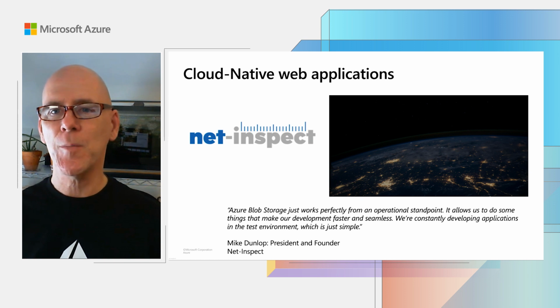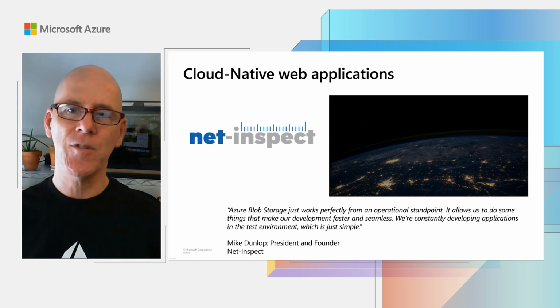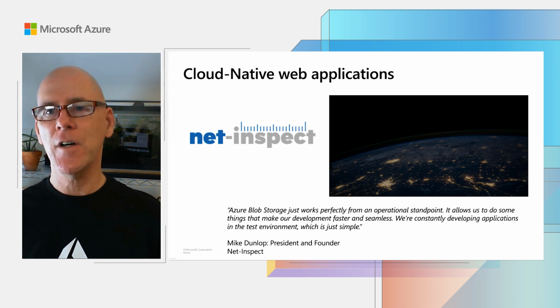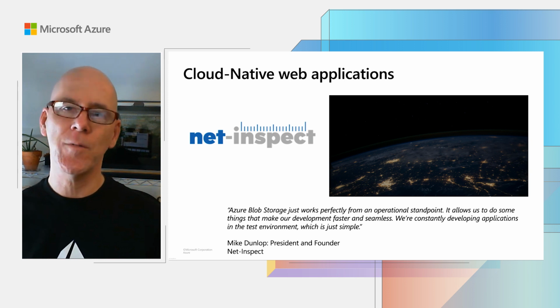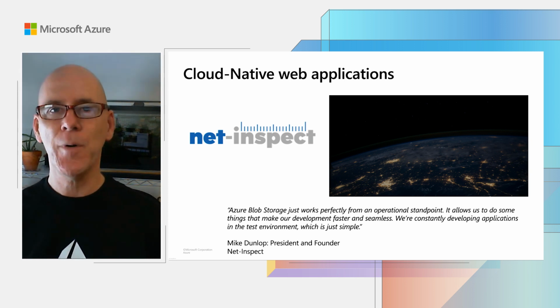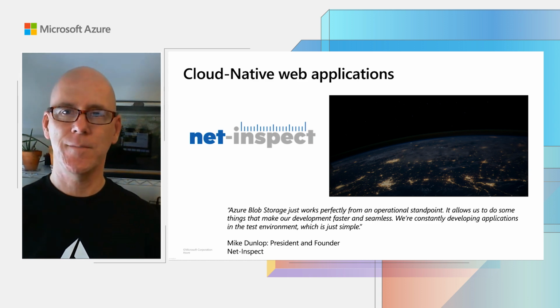And they were able to do that based upon the encryption at rest, private endpoints, network firewall, which made securing their workload easy. I'll also add that they use Azure Functions as part of their workload to perform data import, data export, email notifications, and other components of their end-to-end workflow.